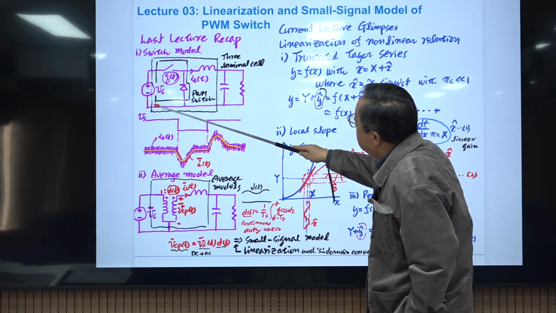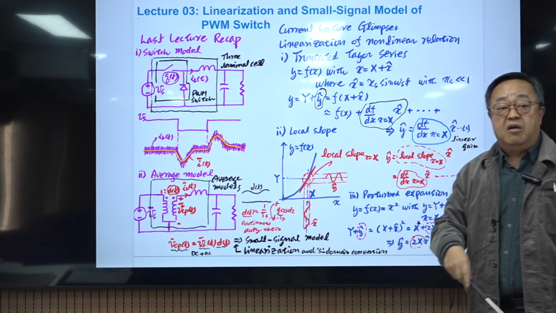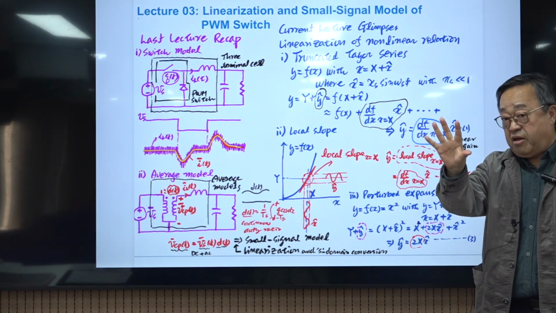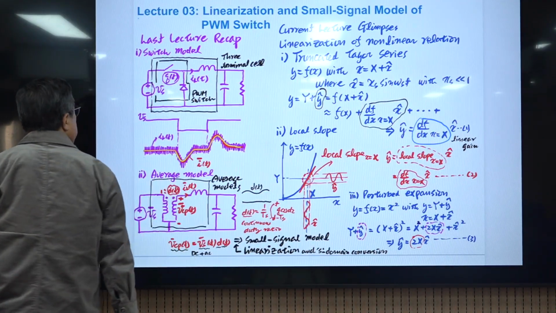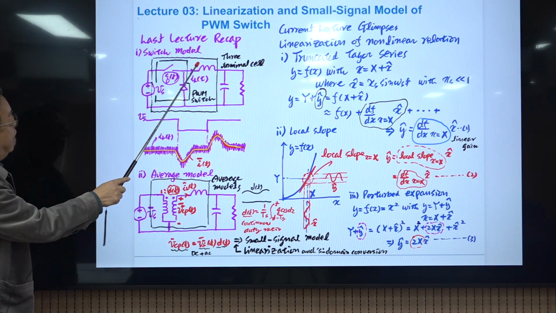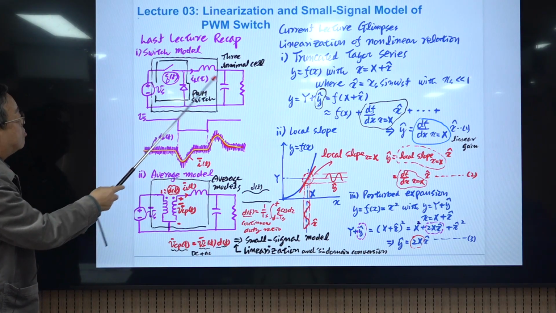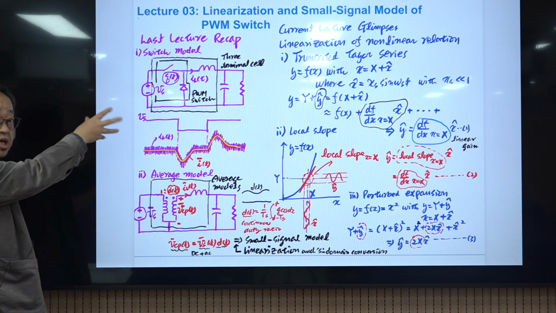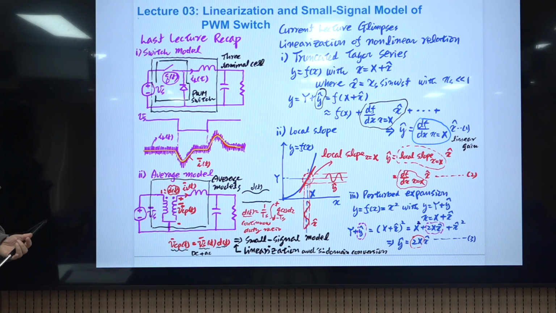So here we have a 3 terminal cell, and this 3 terminal cell is the central part of all the PWM converters, and this is the buck converter. If we rotate this combination of the PWM switch and the inductor by 120 degrees, you will obtain the boost converter, and another rotation will produce the buck boost converter.